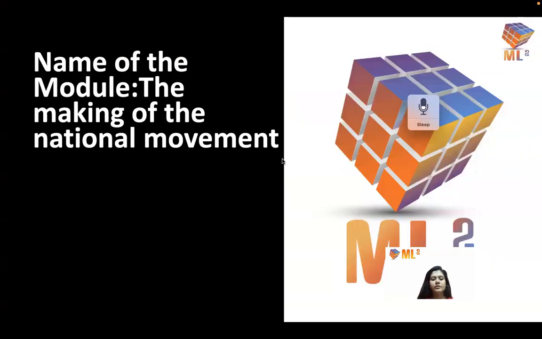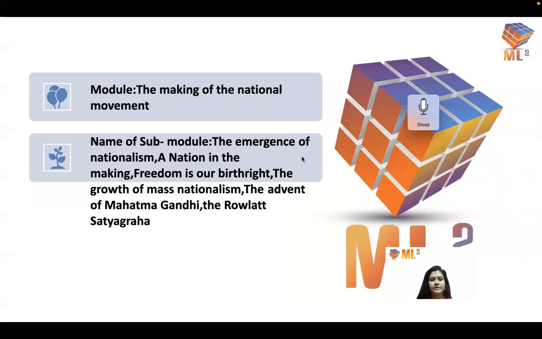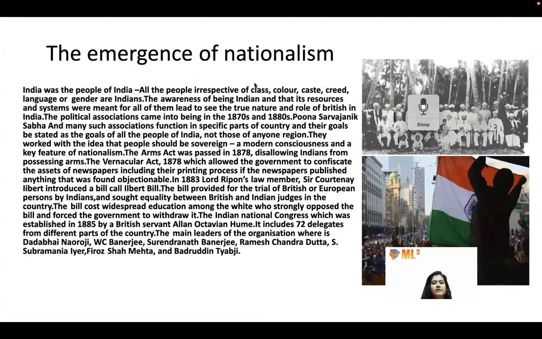In this module, we will be coming across several sub-modules, which are the emergence of nationalism, a nation in the making, freedom is our birthright, that is Swaraj, the growth of mass nationalism, the advent of Mahatma Gandhi, and the Rowlatt Satyagraha.